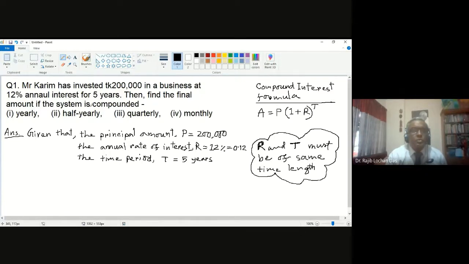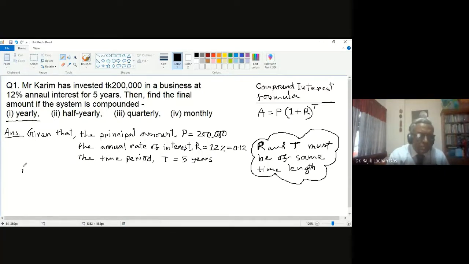You have to understand how the compounding is going on, how it is done. So there are 4 different categories. One is compounded yearly. So we are answering the question for 1 first.